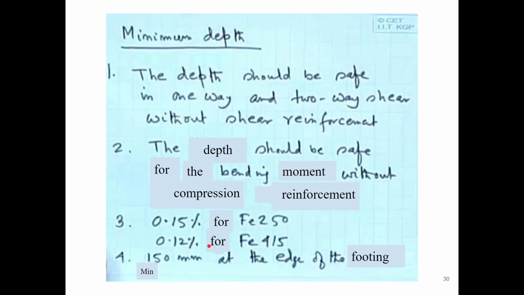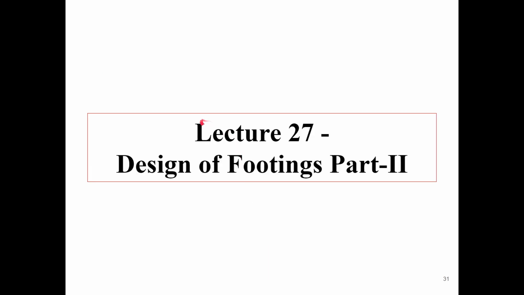So the depth criteria is: without shear reinforcement, it should be safe for one-way and two-way shear; without compression reinforcement, it should be safe for bending moment; and it should have a minimum value of 150 millimeter.